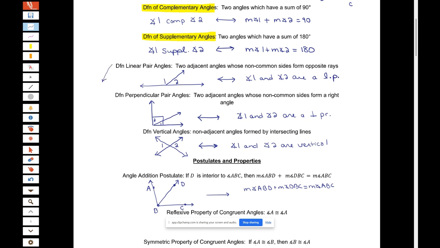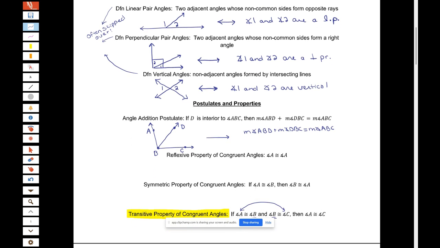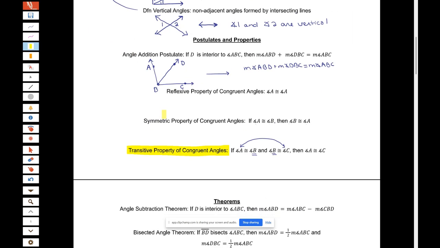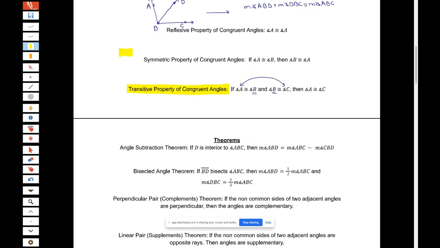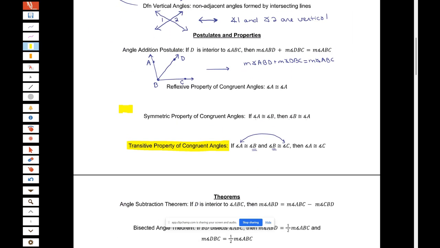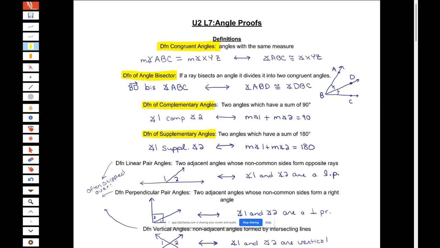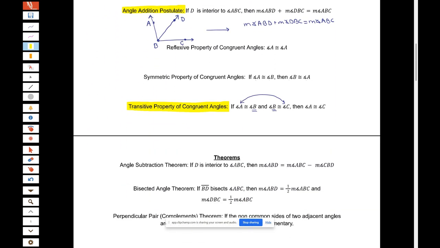So this one, and this one are often skipped over. However, if I put it in a fill-in-the-blank proof, you need to be able to fill it in. This one we will use a lot, angle addition postulate. And those are the most frequently used ones on this page, okay? So we have 6 frequently used ones.